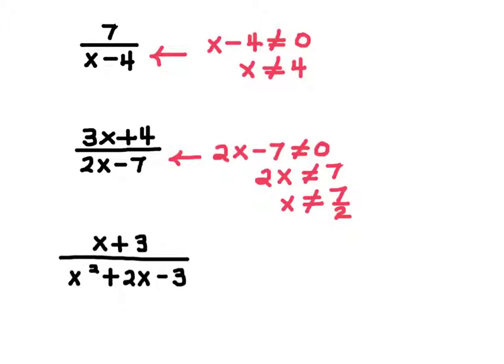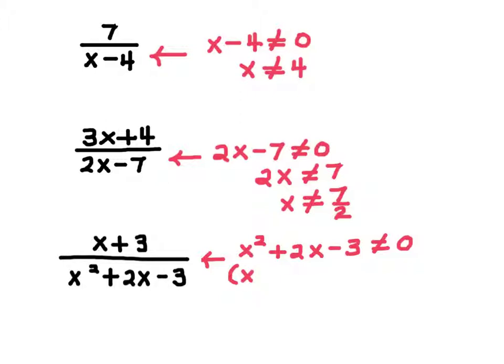In our last rational expression, we have x squared plus 2x minus 3 cannot equal 0. Otherwise, we'll have a divide by zero error.